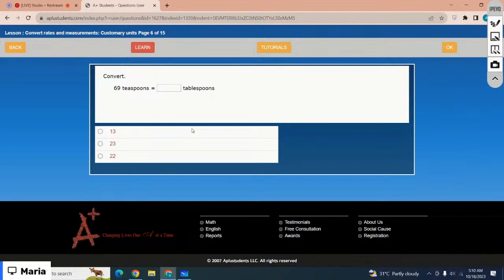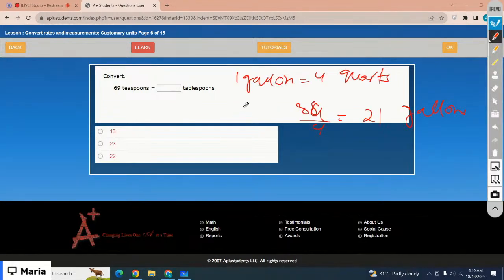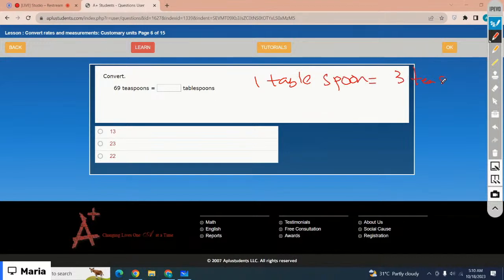You can note that down. So 69 teaspoons equal 69 over 3.